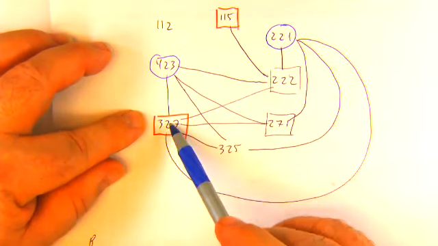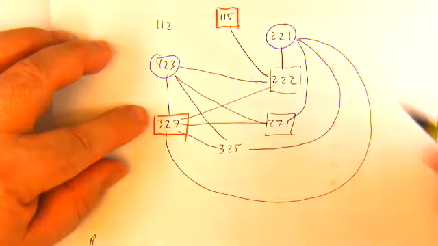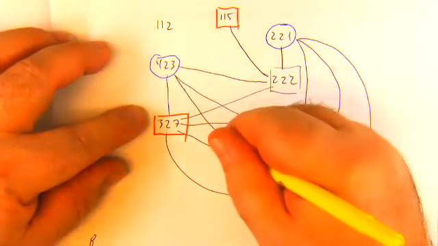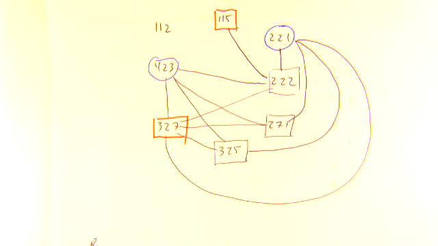But this one's red, and these two are both blue. So I can make 325 black, and I should have done that a little bit earlier. But that's okay. Great. And 112 is not connected to anything, so it can be colored whatever color you want. And we will make it red.